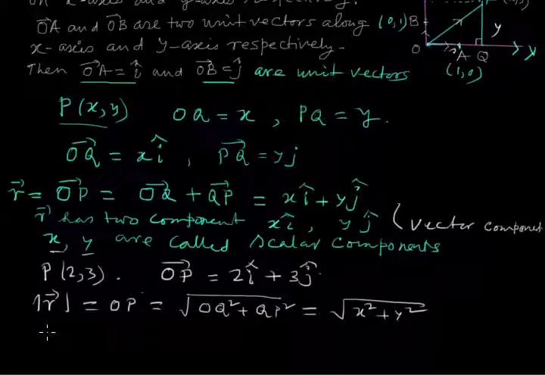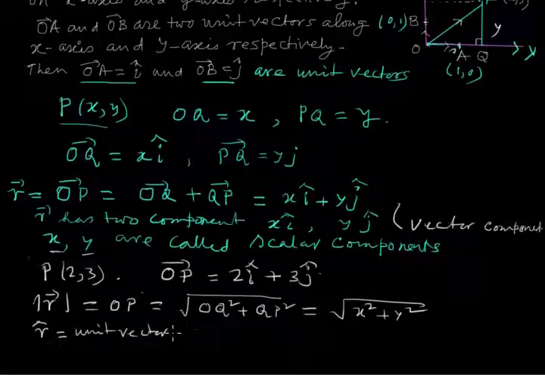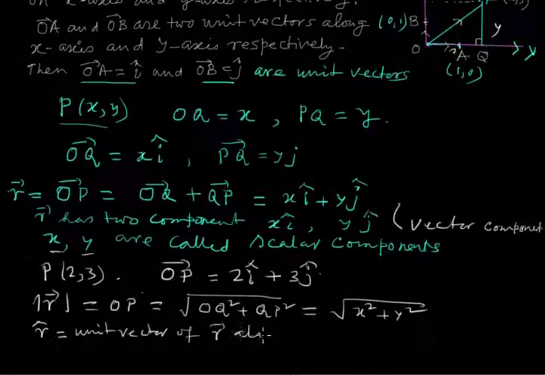Now we can define R cap. R cap is the unit vector of vector R along OP.